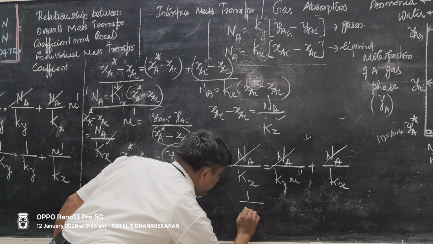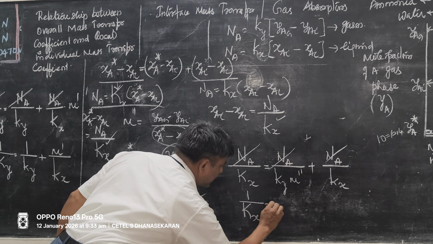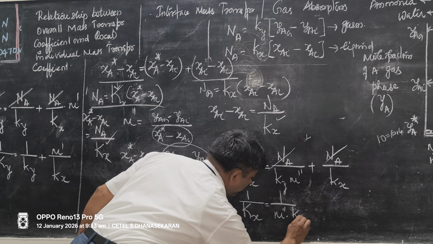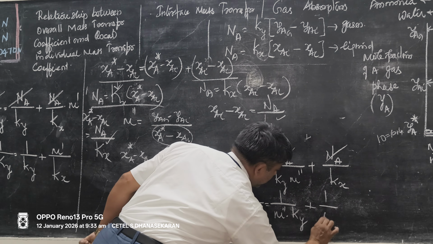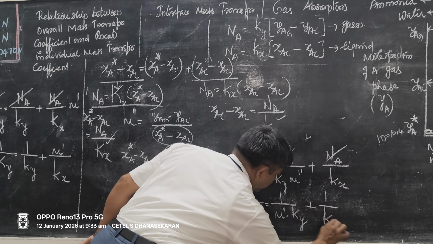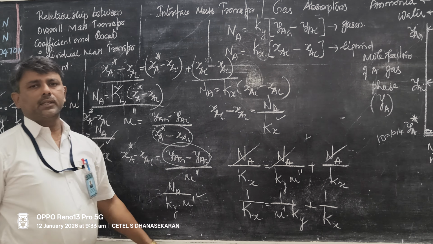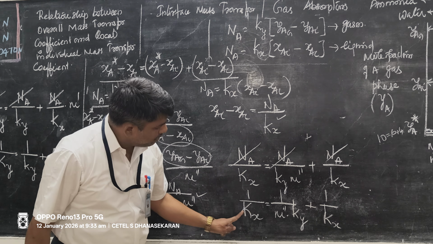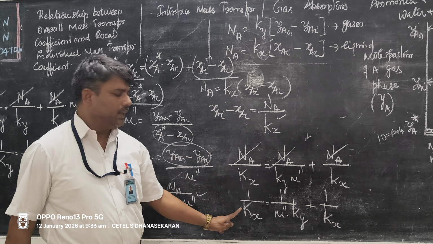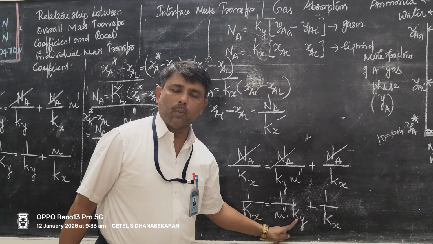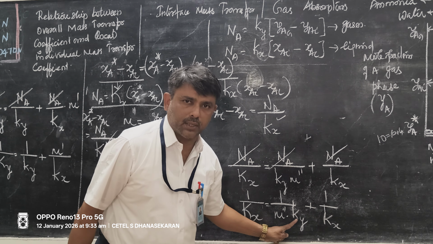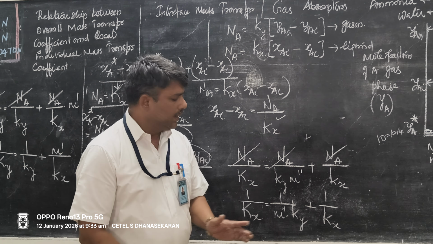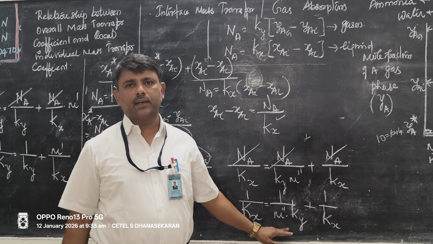So 1 by capital K suffix x is equal to 1 divided by m double prime into small k suffix y plus 1 by small k suffix x. This is the equation for the liquid phase relating the overall mass transfer coefficient with the individual, or local, mass transfer coefficients. Clear? In the next class, I am going to discuss the resistance to mass transfer. Clear? Thank you.